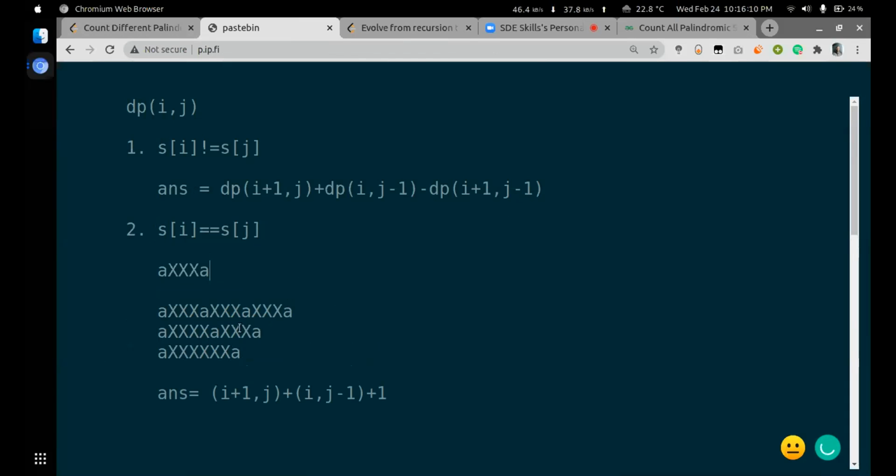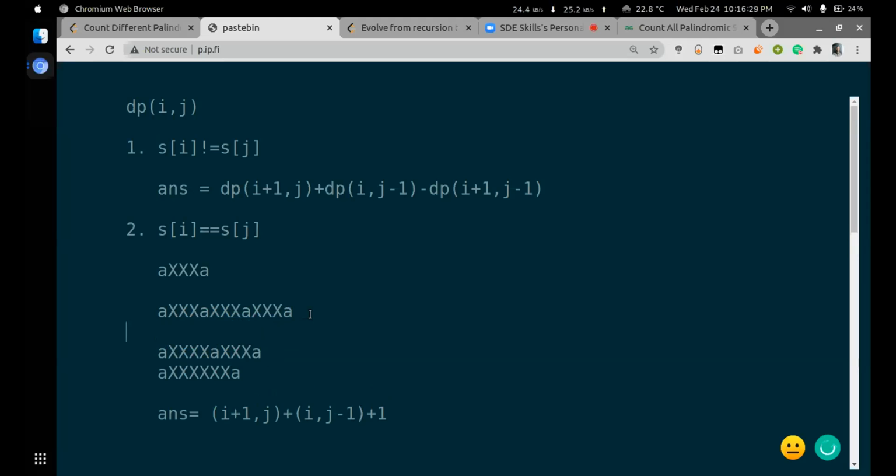If this is the string, then there might be a condition where we are adding the duplicate terms again and again. In this case, there won't be any duplicates if we include both the A's. Even in this case, there won't be too many duplicates, but in this case, there will be too many duplicates. The reason is if we include the extreme A's and some values from the middle, they will form some palindromes.